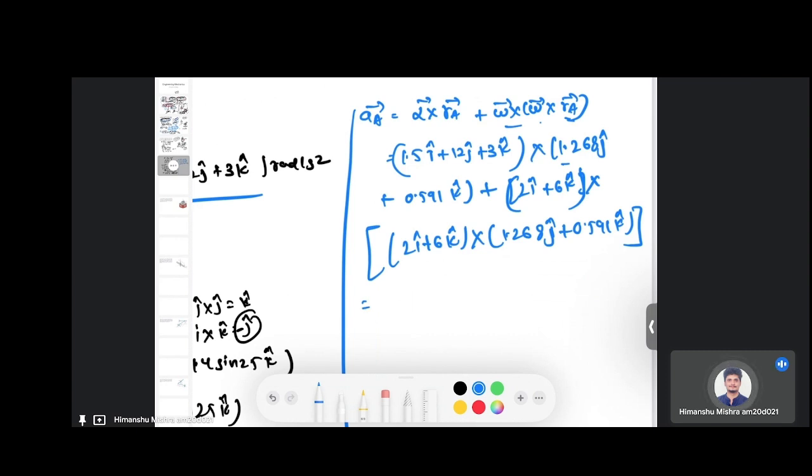So we are just substituting into the formula and we will get the answer. On calculating, you will get 10.4i minus 51.6j minus 0.463k meter per second square. So this is the acceleration of point A.